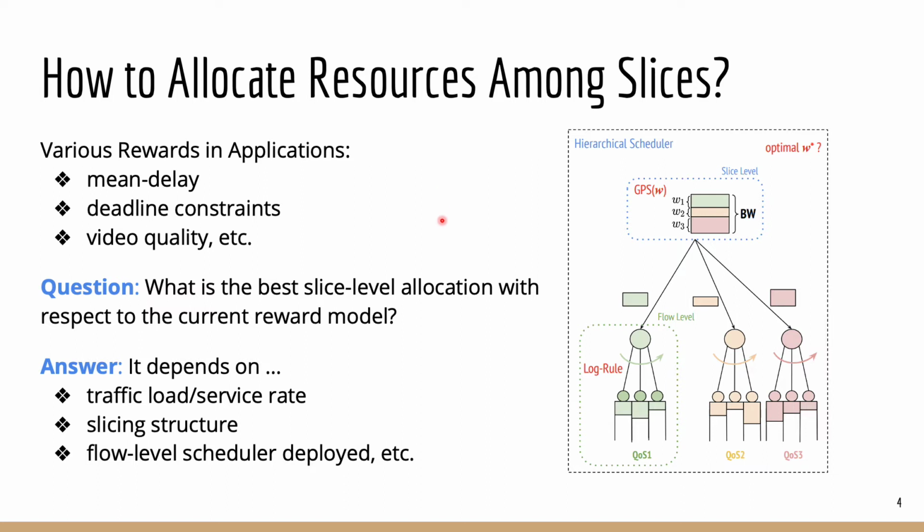What is the best slice-level allocation with respect to the current reward model? In other words, what is the optimal W? With no doubt, this problem is analytically hard to solve due to its complexity. For example, it depends on the traffic and channel conditions, how you do the slicing, what flow-level scheduler you deploy, etc.